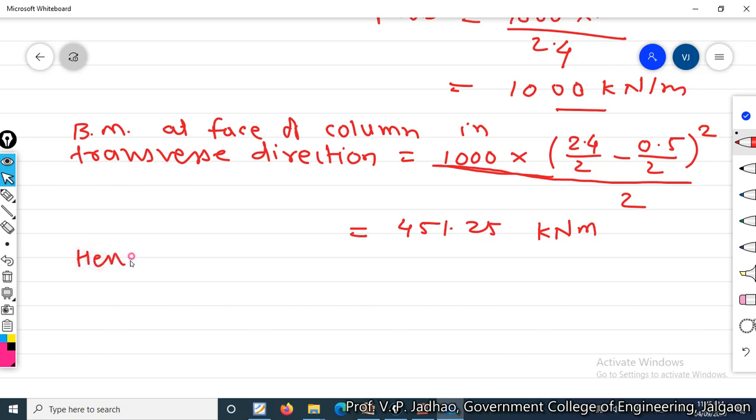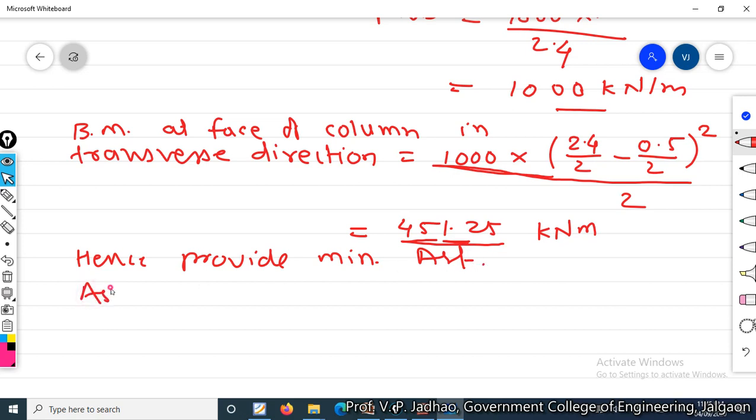Hence provide minimum AST, because the AST obtained from this 451.25 kilonewton meter will be less than AST minimum. Therefore we will provide minimum AST.